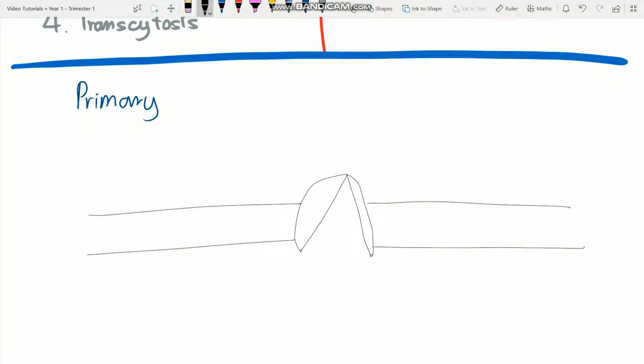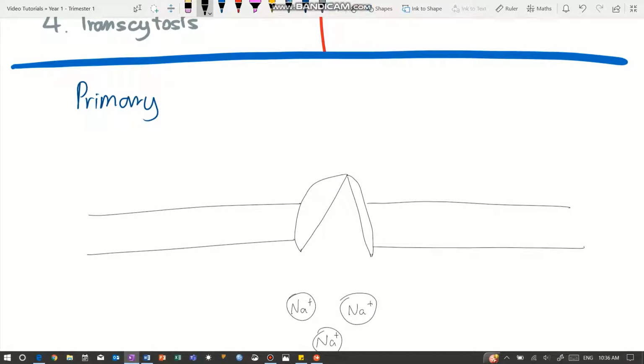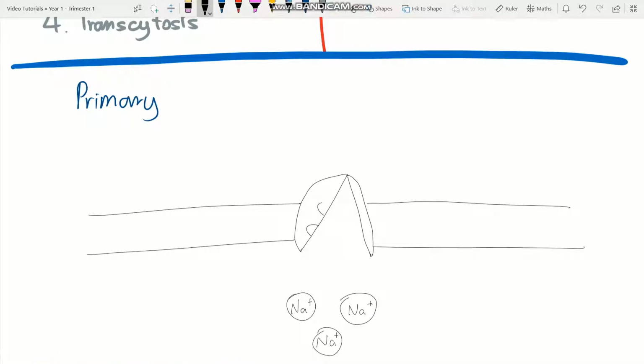And essentially, if sodium molecules are present within the cell, then this molecule contains 3 sites for the sodium molecules to bind to in order to be transported out of the cell.